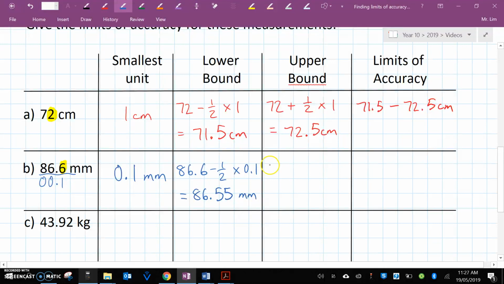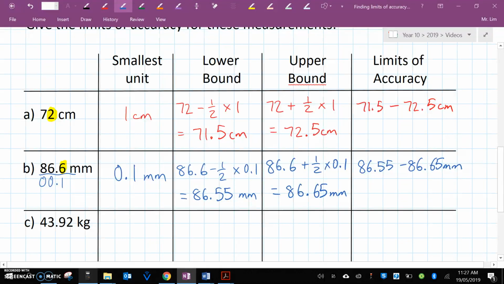To work out the upper bound, we take the measurement, 86.6, and we add half times 0.1. Put that in the calculator, and we get an answer of 86.65 millimeters. Therefore, the limits of accuracy are between 86.55 and 86.65 millimeters.